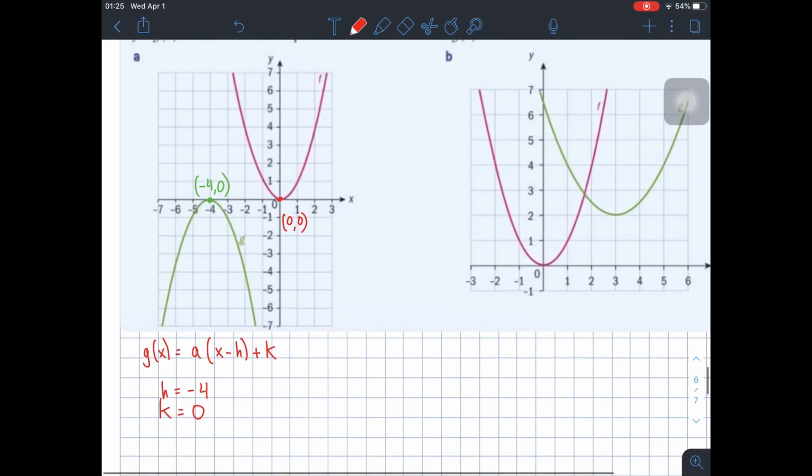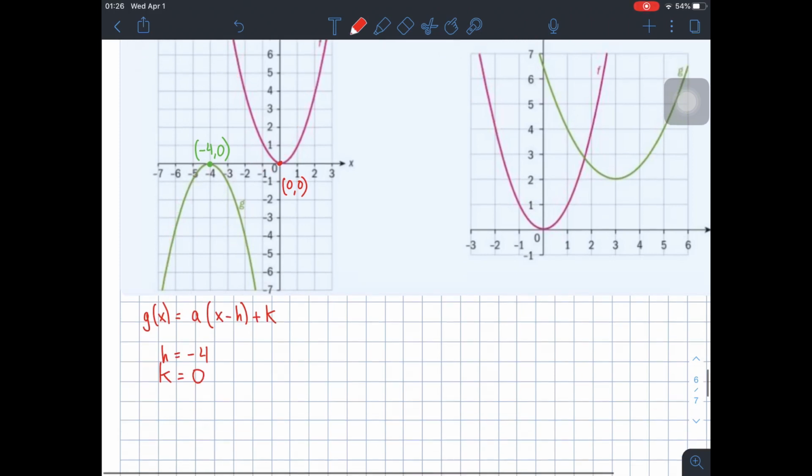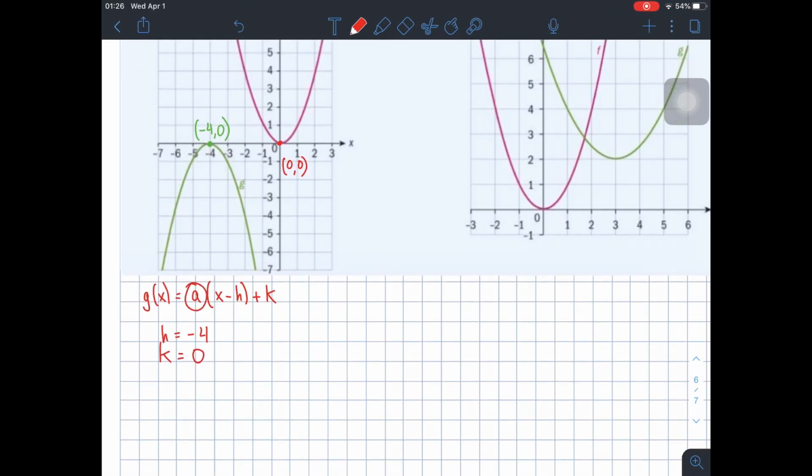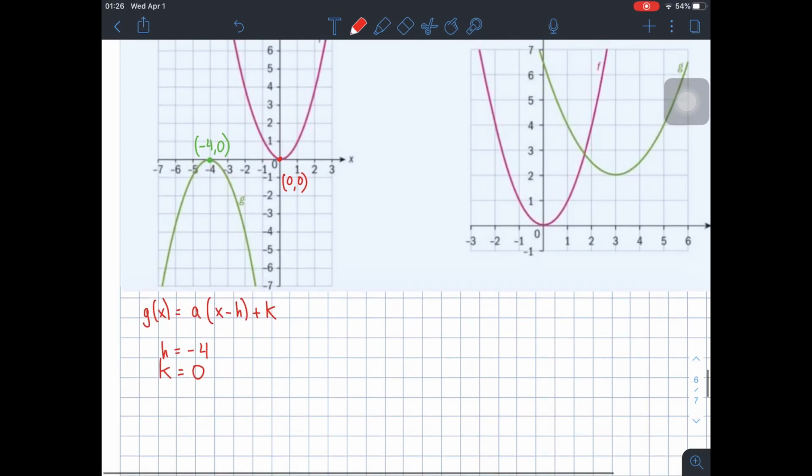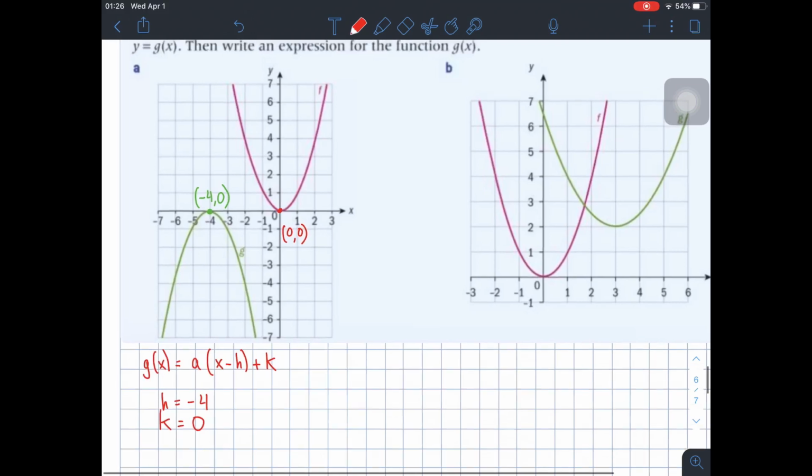And the other thing I notice is that this parent function has the same shape as this function over here, but they are going in opposite directions, right? This is a happy face, this is a sad face. So that means that there's a reflection on the x-axis, and the value of a therefore is -1. Why -1?